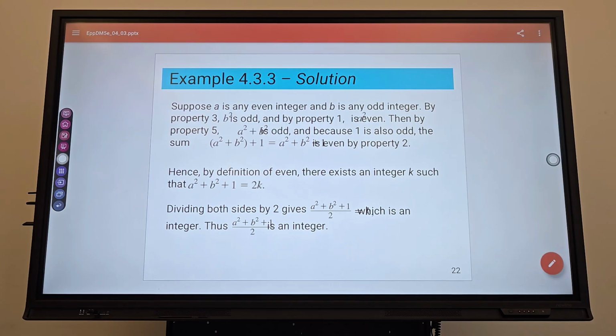By property 1, a squared is even. Then by property 5, a squared plus b squared is odd. And because 1 is also odd, the sum a squared plus b squared plus 1 is even by property 2.